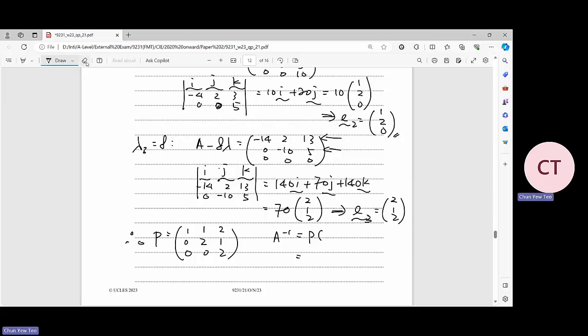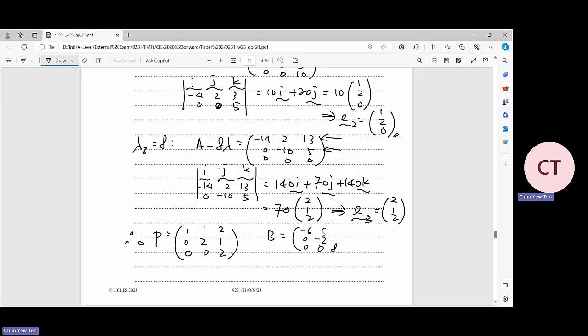Okay, maybe we will do it this way. Our diagonal, let's say I call this diagonal matrix B. The diagonal is this. The diagonal is lambda 1. Lambda 1 just now was negative 6. Lambda 2 was negative 2. Lambda 3 was 8.